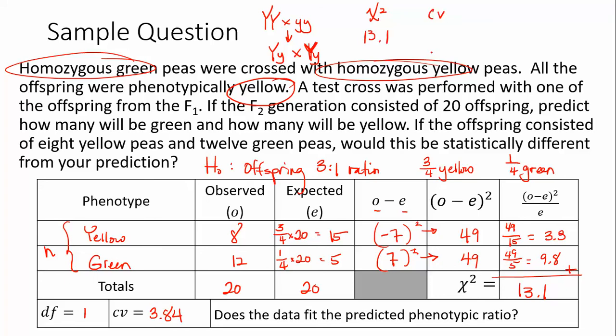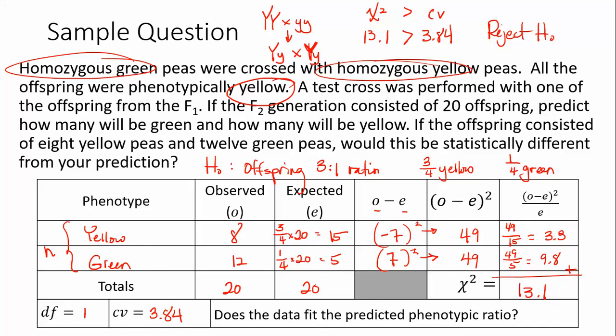My critical value is 3.84. Which one's bigger? My chi-squared value. So my chi-squared value is greater than my critical value, and you should have seen that when we did that, we would go back and we would reject our null hypothesis.